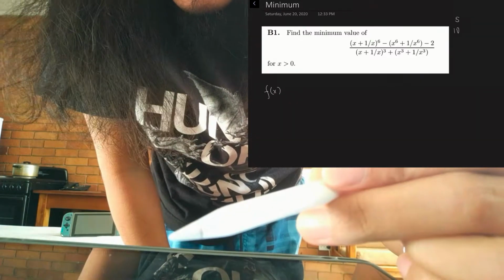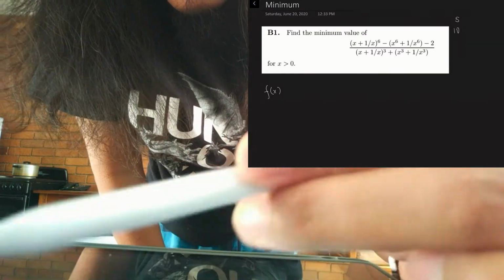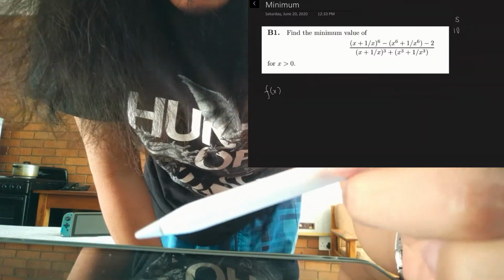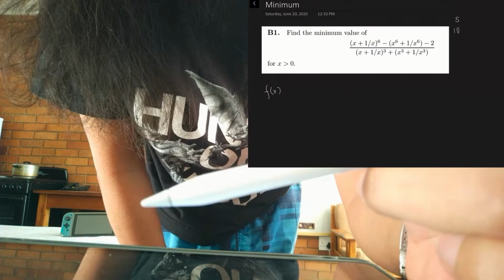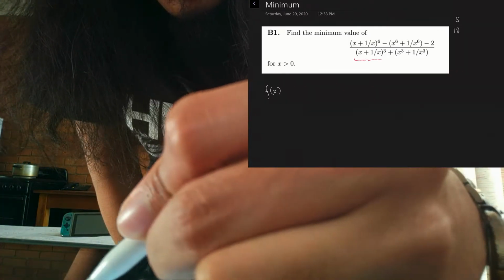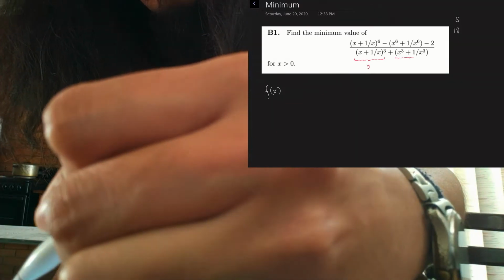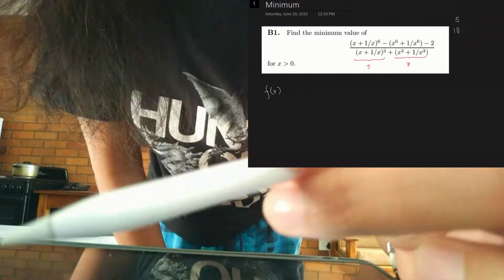So one of the things that I can do is, you see, some terms in the denominator look like the terms in the numerator. So let's call this whole term right here y, and this whole other term right here z.